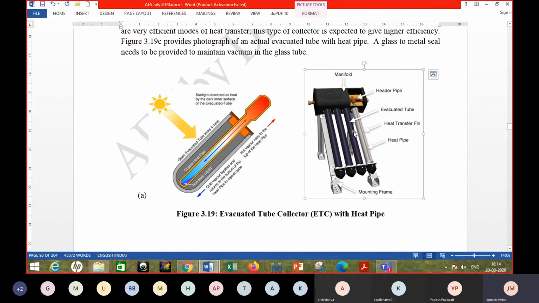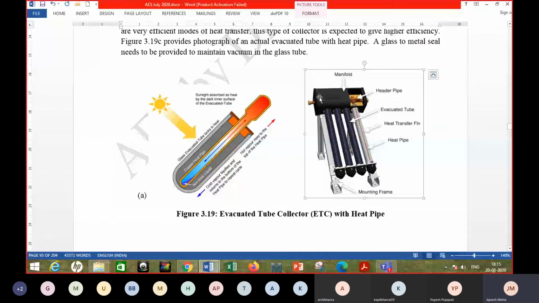So that fin is in contact with the inner surface of the inner tube, and the outer surface of the inner tube is the absorber, which gets heated, and the heat passes through the inner tube thickness, and it gives heat to this fin, and this fin finally gives it to the evaporator portion of the heat pipe, and it is delivered through this condenser of the heat pipe to the fluid which is flowing through the tube.